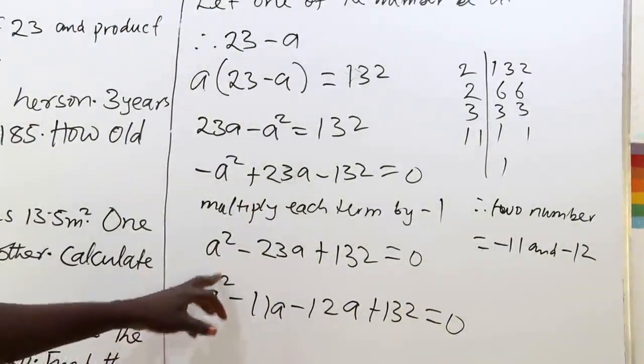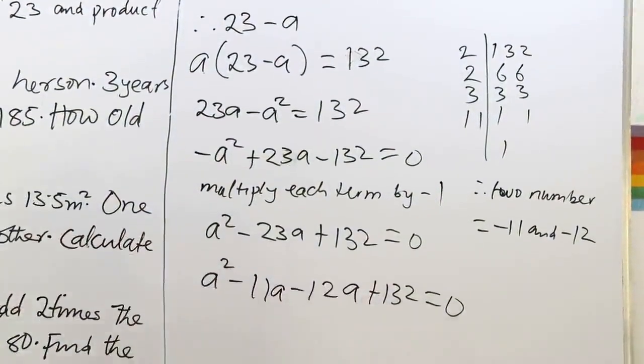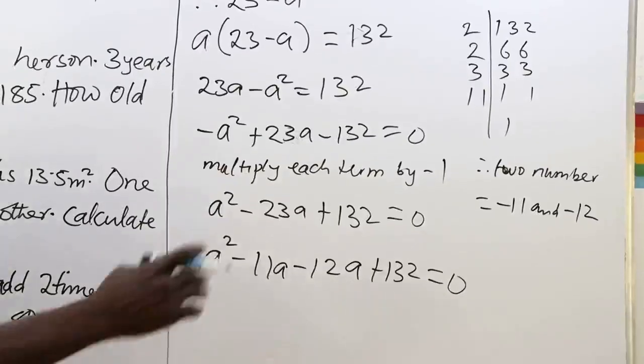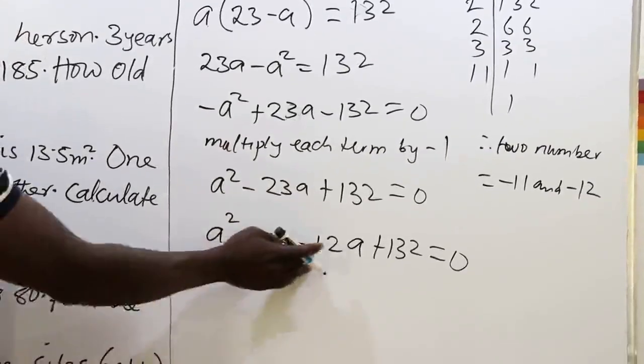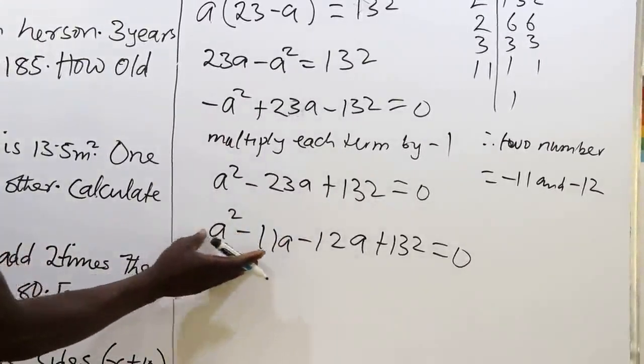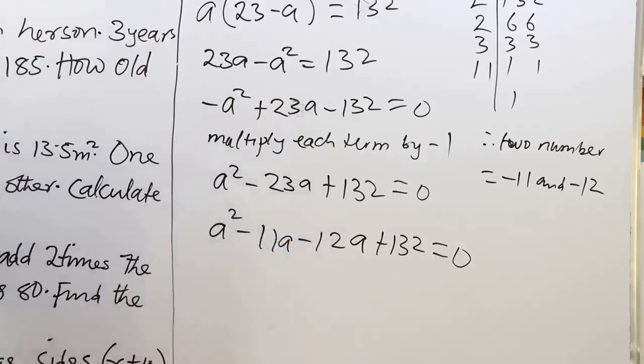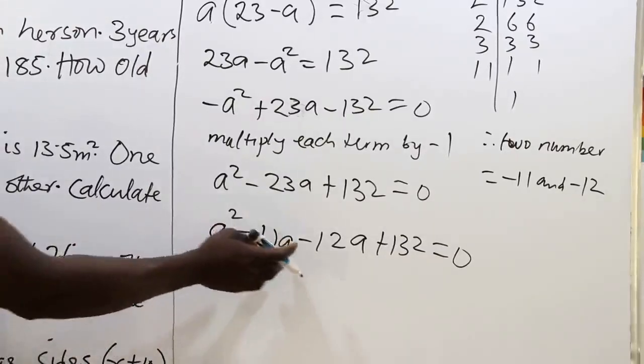We have a squared minus 11a minus 12a plus 132 equals 0. Therefore, we are going to factorize by grouping. Considering this part, what is common between a squared and 11a? You discover that there is a in this term and there is a here.